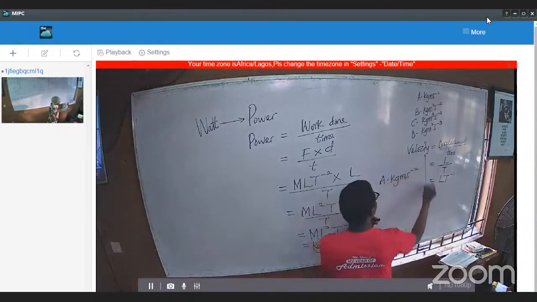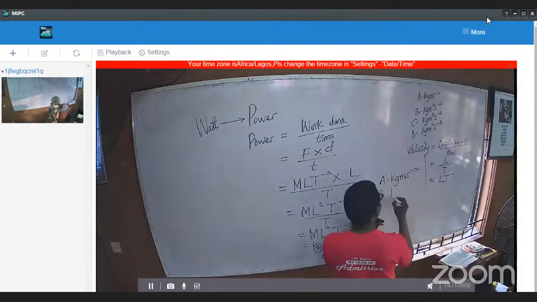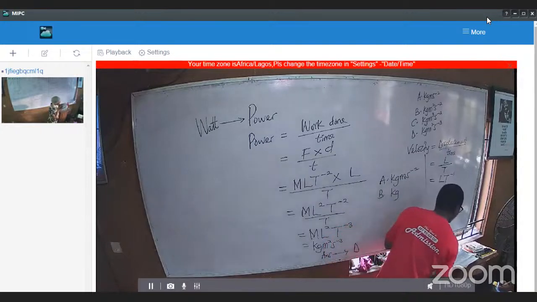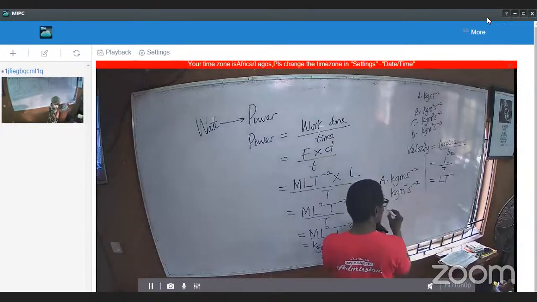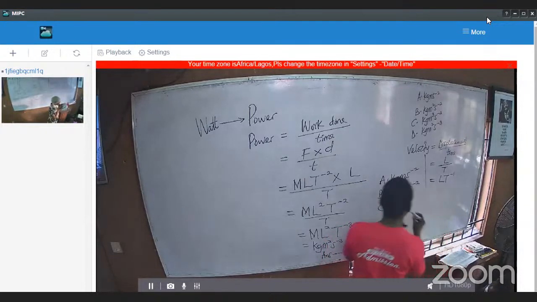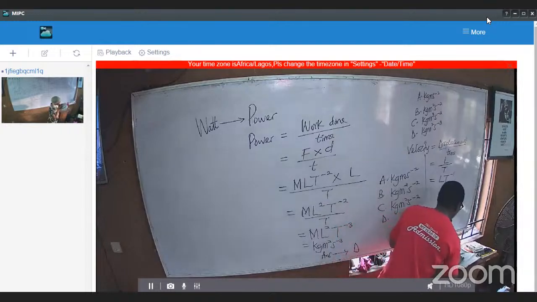Option B, kilogram per meter per second squared. Option C, kilogram meter squared per second squared. Option D, kilogram per meter second squared.